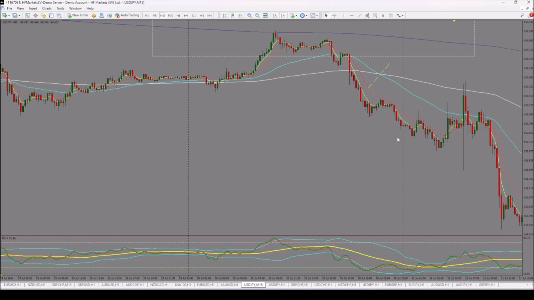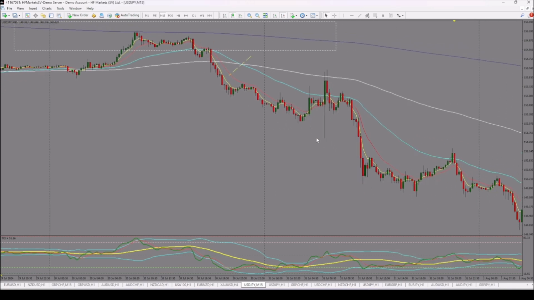Then after that, we need to see a pattern. This pattern can come in different forms. Sometimes it comes as M's and W's, sometimes as head and shoulders structures. In this case, we can see a shoulder, a head, and another shoulder. This is a tradable point where we can trade on the second shoulder, or basically the second leg, as we will see shortly.